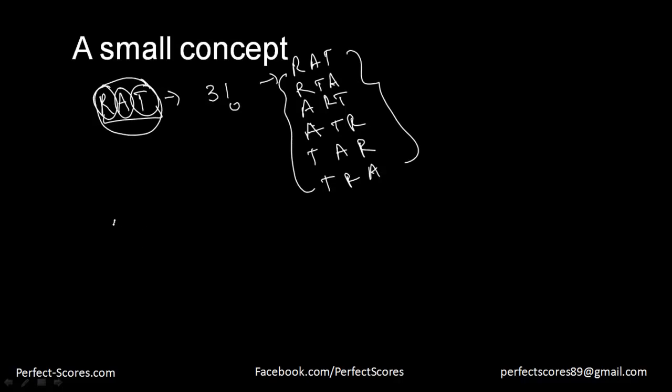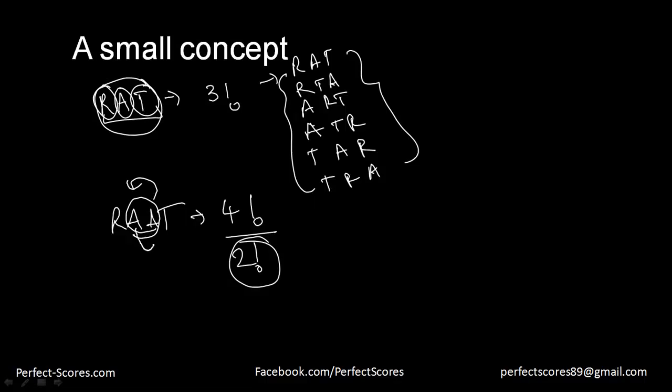However, if I ask in how many ways you can arrange RAAT, that would be 4 factorial divided by 2 factorial. Why this 2 factorial? Because this A is repeating 2 times. If I swap the two A's with each other, the word would still be the same. So if there are n things, out of which r things are identical, these can be arranged in n factorial divided by r factorial ways.